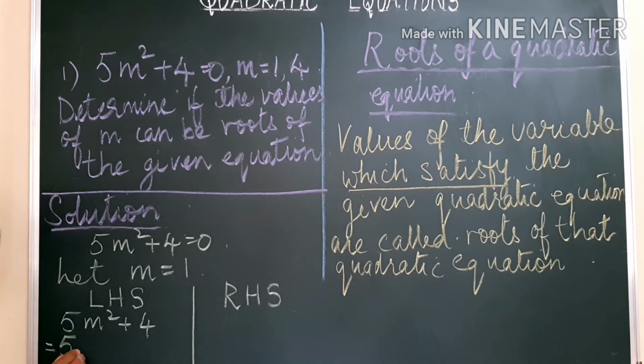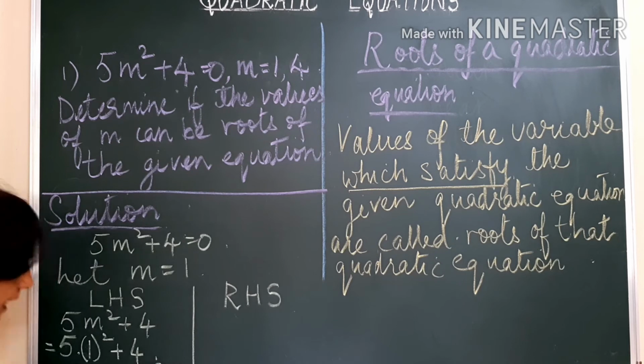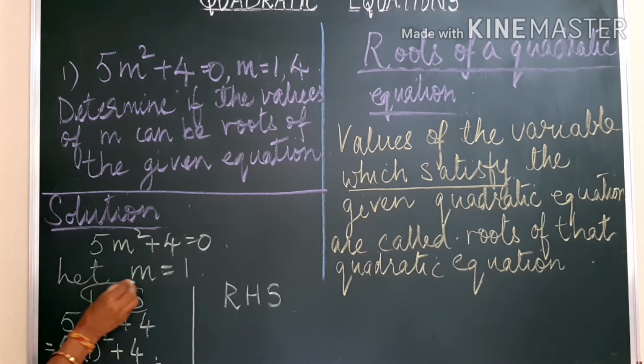So 5 into, what is the value of m that we have taken first? It is 1. 1 raised to 2 plus 4. So over here, 1 square, children, is 1. 1 into 5 is 5 plus 4. So what is the answer? 5 plus 4 is 9. So your answer on the left hand side is 9.